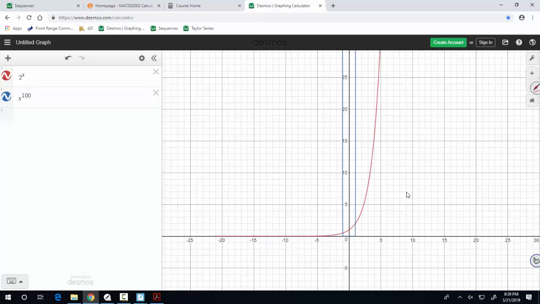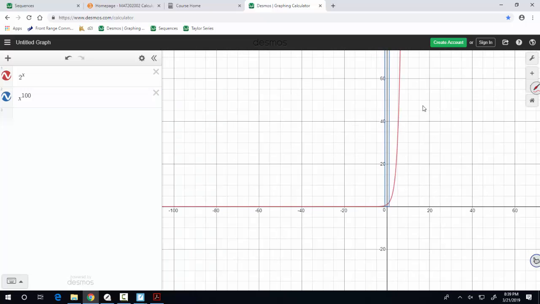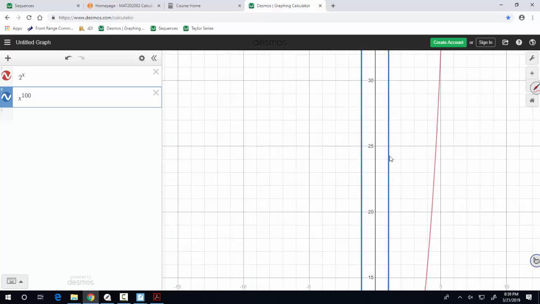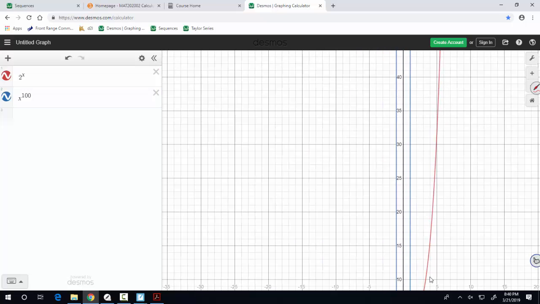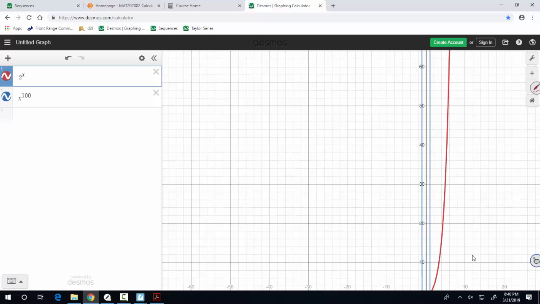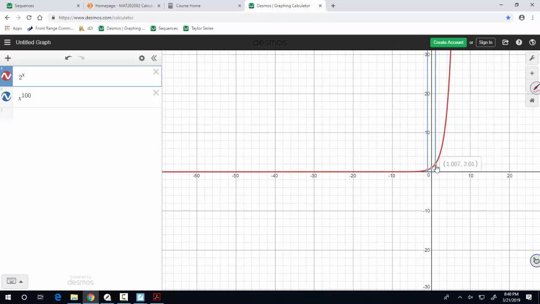So if we keep zooming out, it looks like x to the 100th is larger, right? For, let's see, this. Oh, it doesn't like that point for whatever reason. Okay, that one's good. 1.03 and the output is 19.219. 2 to the x at 1.03, you see that's significantly lower, right?